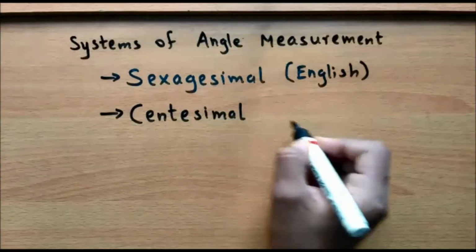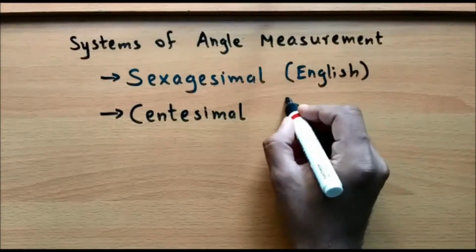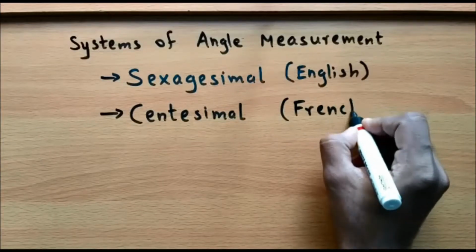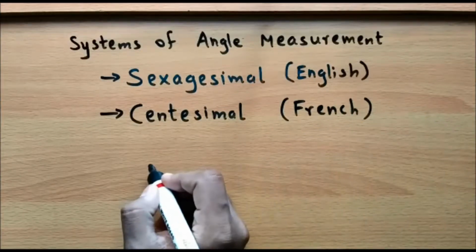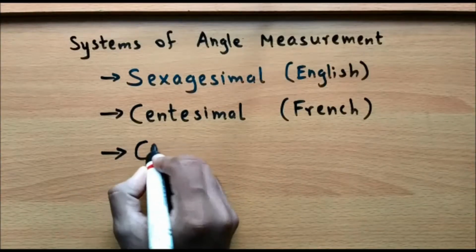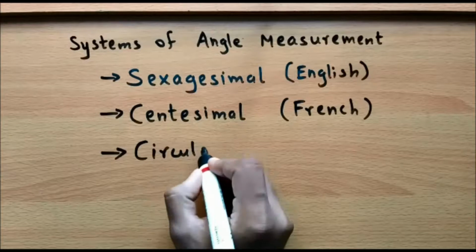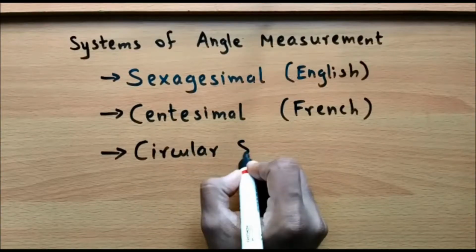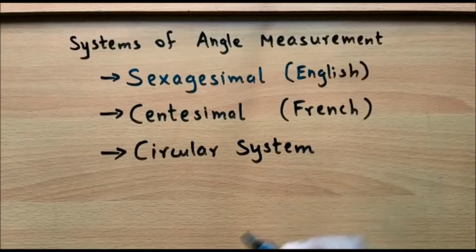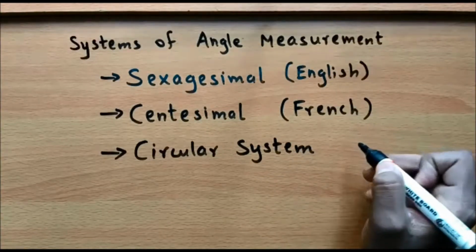Now that one is in French. So sexagesimal in English, centesimal in French. And the third one is the circular system. So we have three: sexagesimal, centesimal, and the circular system.